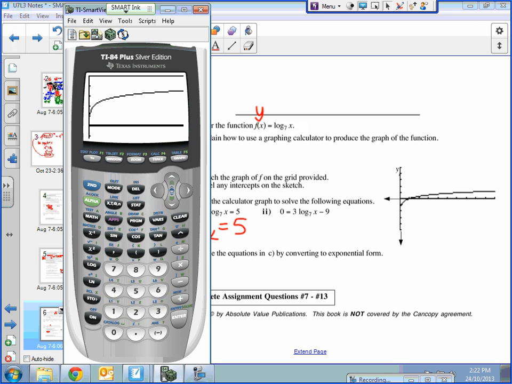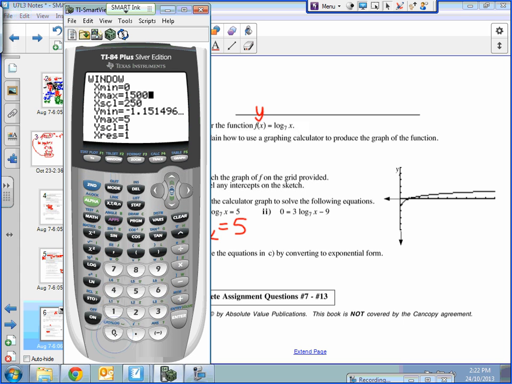We're getting closer though. We got about halfway, so I'm going to try 2,000 here. 2,500? No. Are you getting closer? Okay, so I think it might be 10,000. It's not 10,000. It's about 15,000.